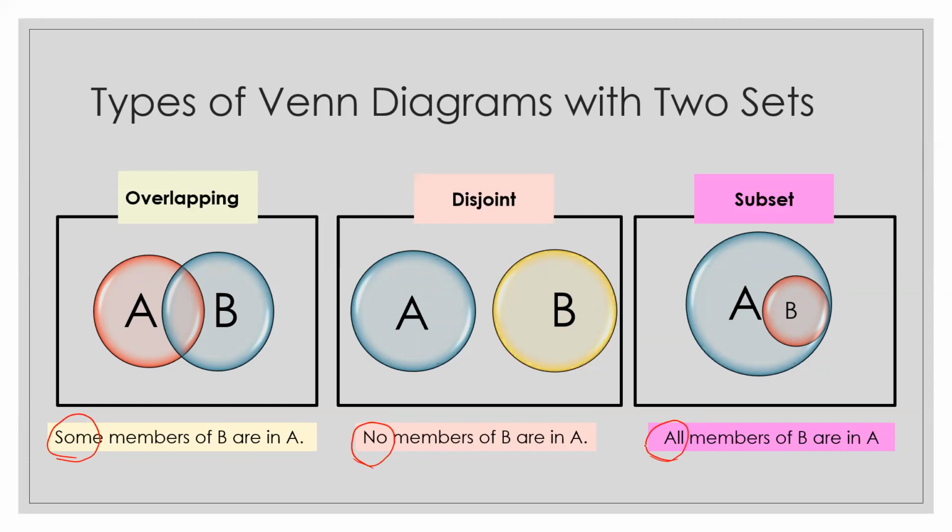Those are the types of Venn diagrams that we're going to use in order to determine if a deductive reasoning is valid.